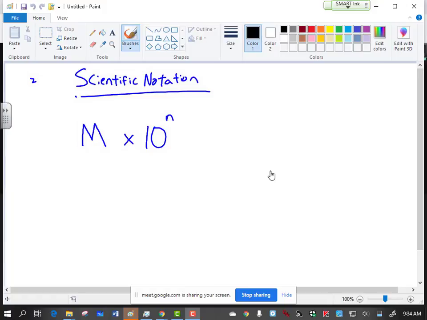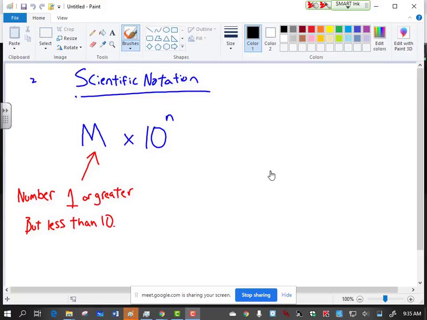Okay, you're probably like, that doesn't help me any. But I want to tell you, this number that goes here, any number, listen to this, has to be a number 1 or greater, and it can be -1, you can put a negative sign in it too. 1 or greater, but less than 10.